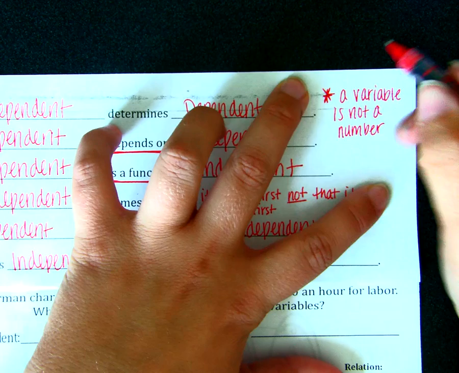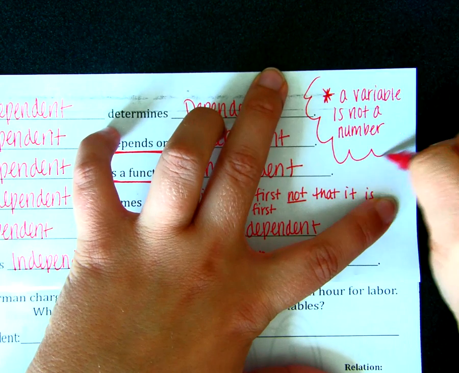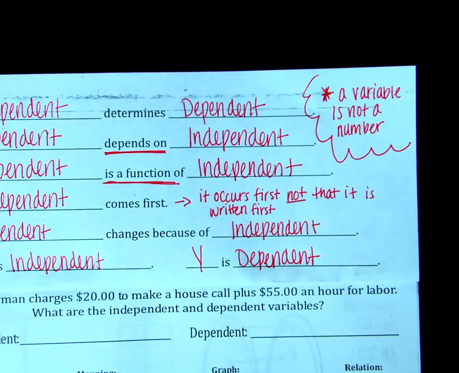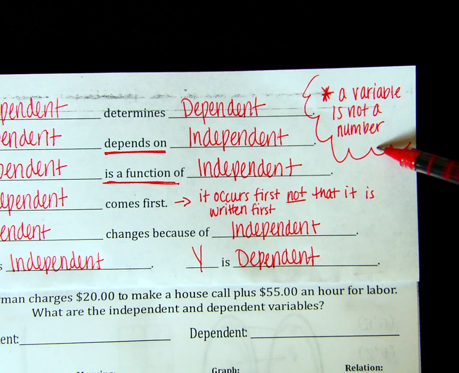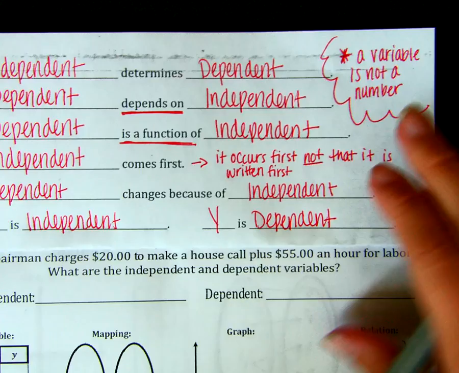So please remember, on problems when we ask for the independent and dependent variables, we are not asking for a specific number. If there is a number in your answer choice, you can eliminate that number right off the bat. A variable is not a number. A variable represents a concept.